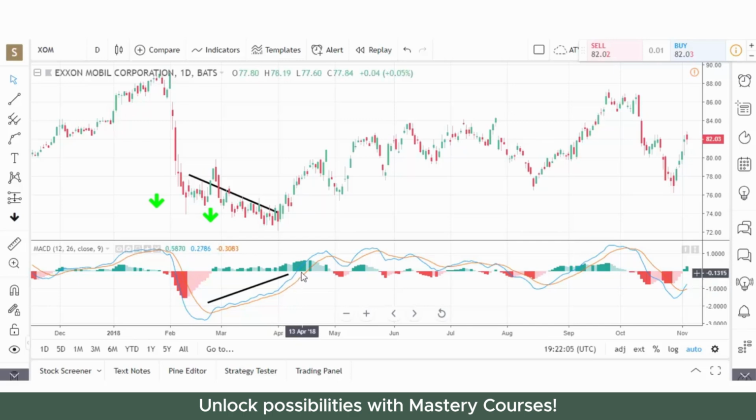The MACD crosses the 0 line, which is bullish. The stock moves up. We then have the MACD continuing in bullish territory. It's above the 0 line until a cross here, back below the 0 line.